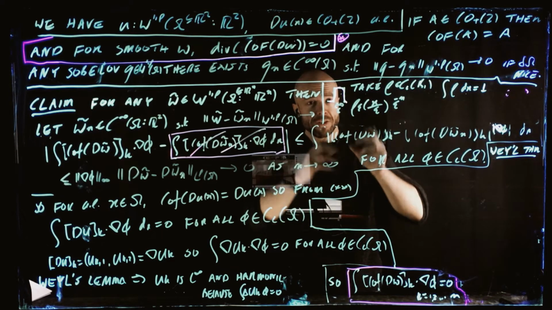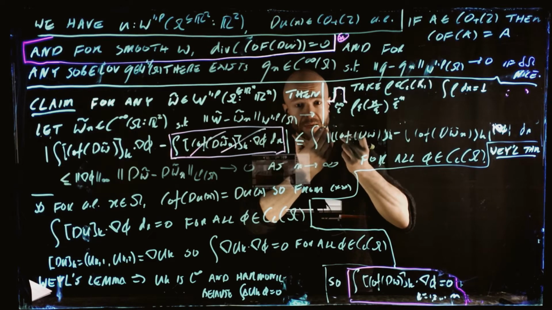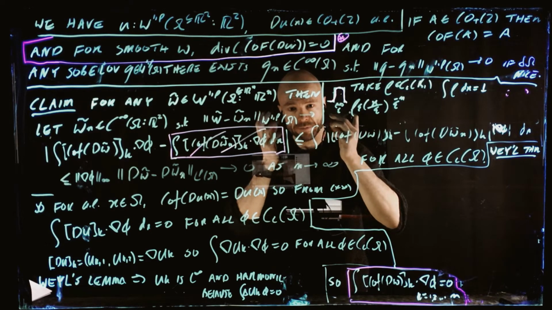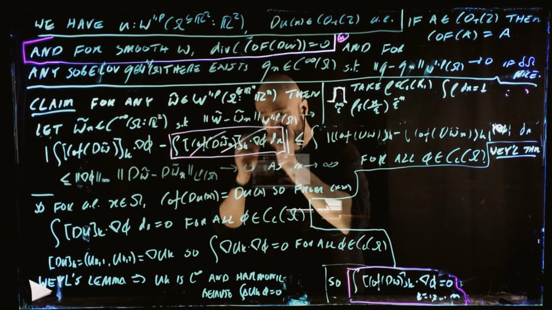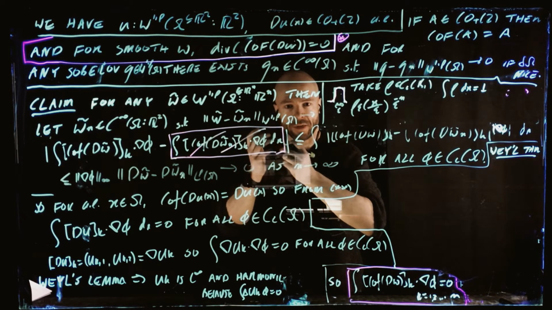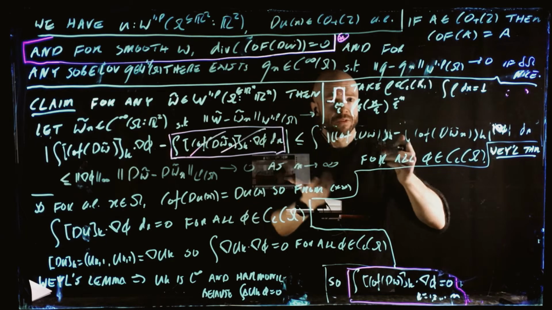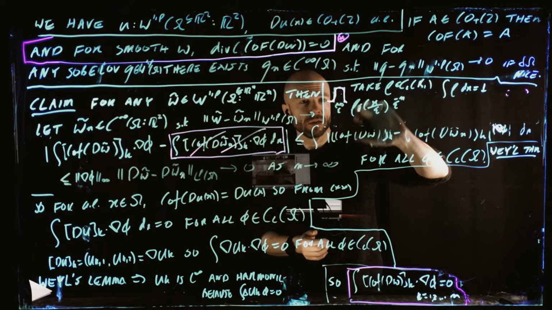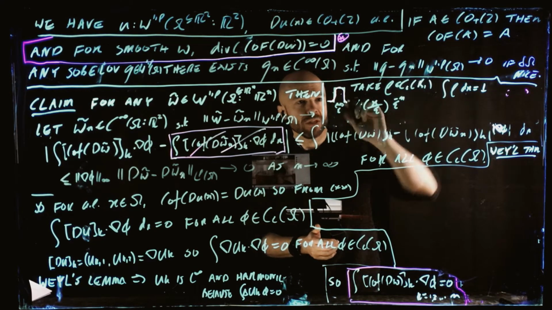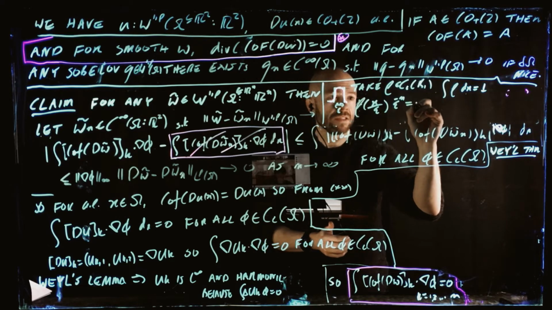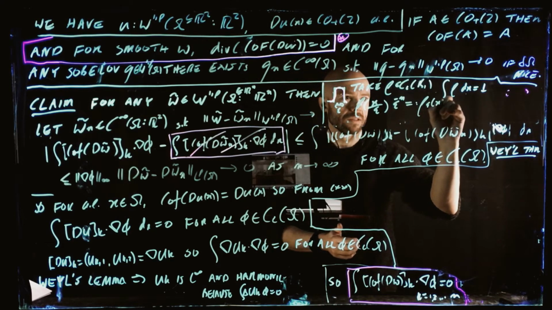But if we're in n dimensions, then the volume of a ball of radius epsilon is roughly epsilon to the n, right? So this will indeed have the right properties. We define this to be the rescaling like this.